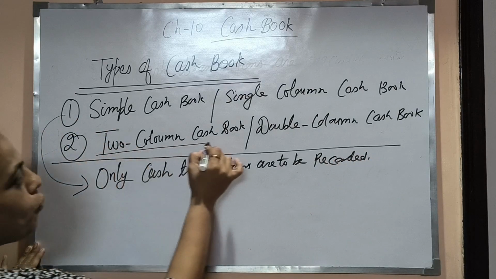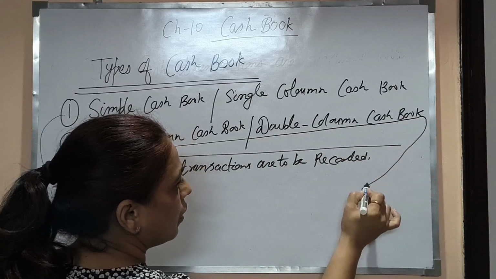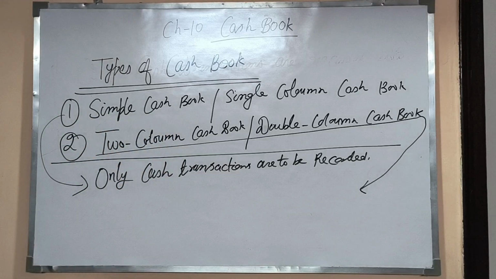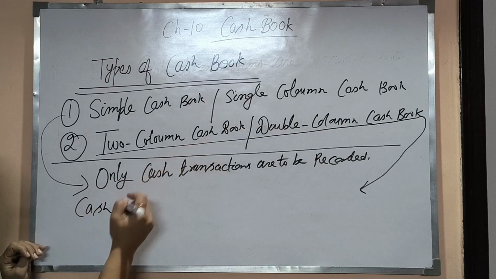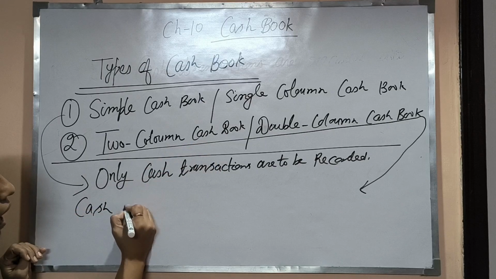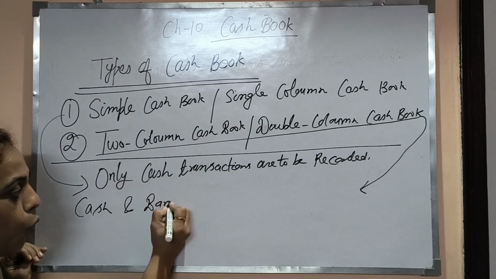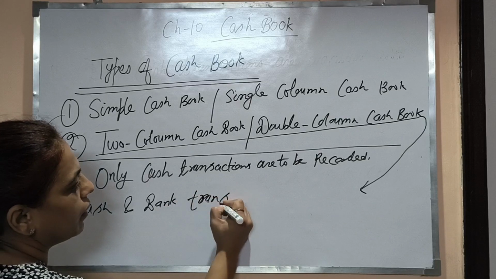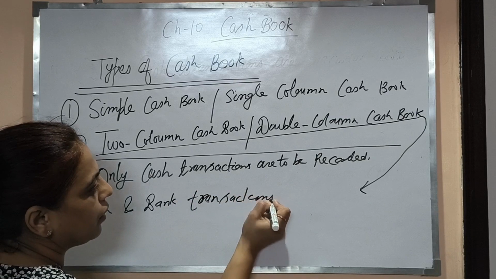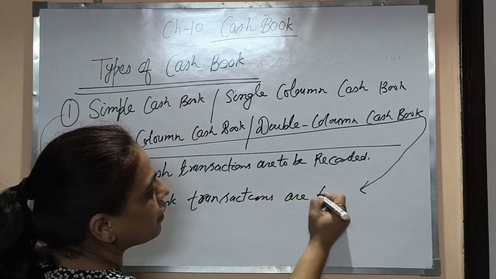In a double column cash book, cash transactions as well as bank transactions, both, are to be recorded.